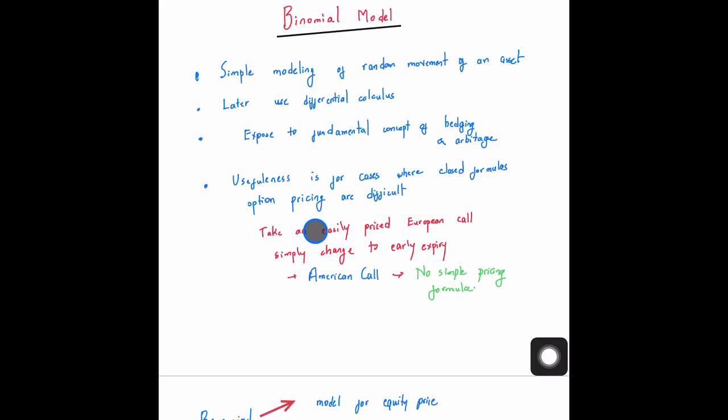For example, if you had a European call and you change it to early exercise, that is, instead of the call expiring on a particular date, you could exercise the option at any date before a particular time frame, then it becomes an American call, and there is no simple pricing formula in that case. So you will use computational methods, and one of these which could help you is the binomial method.